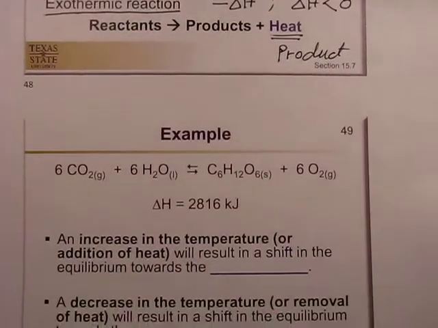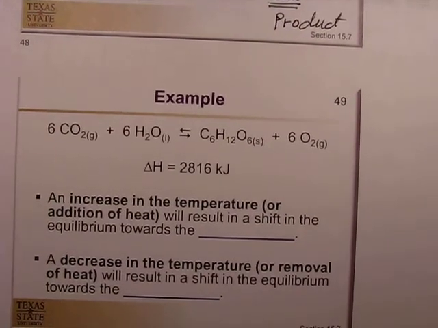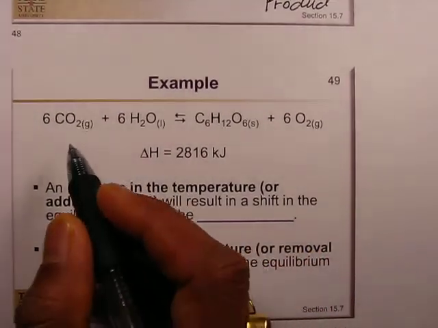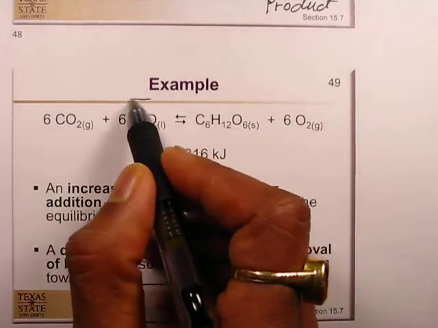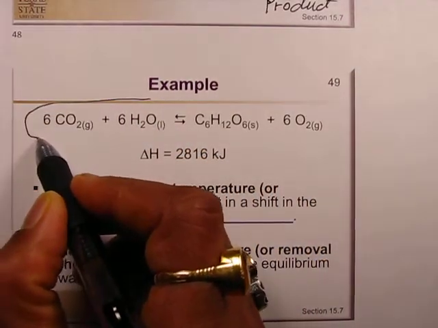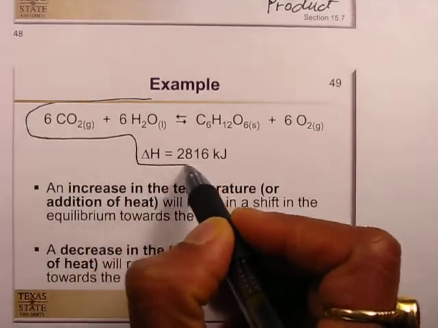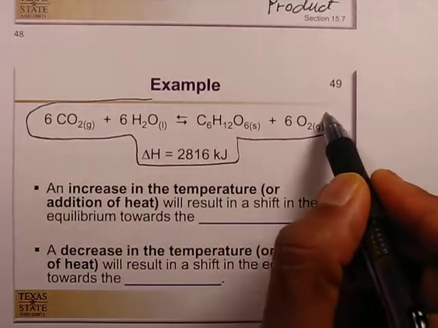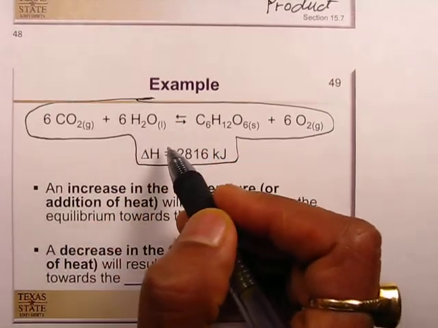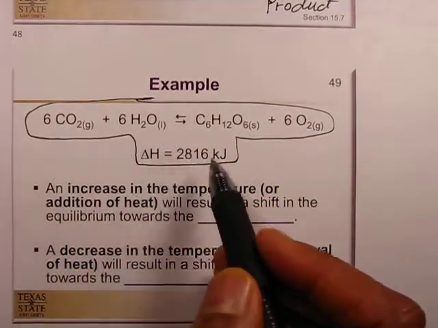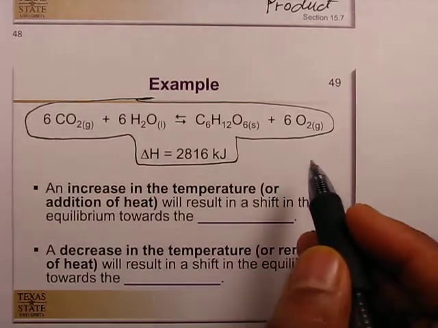So let's take one example. This is a reaction we have already studied in a previous video. Carbon dioxide gas and water are the reactants, and they are forming glucose and oxygen.